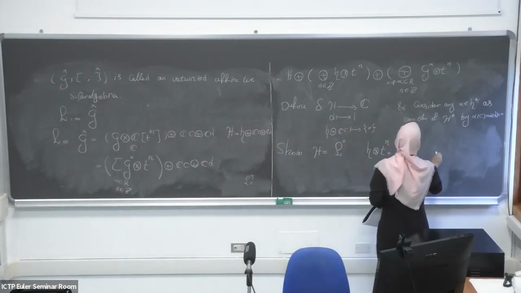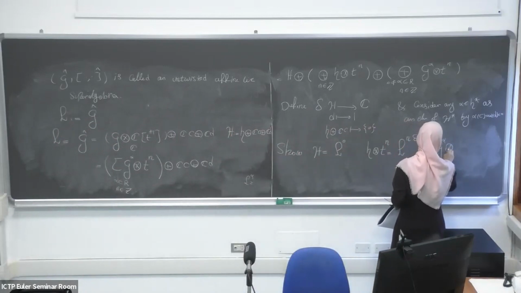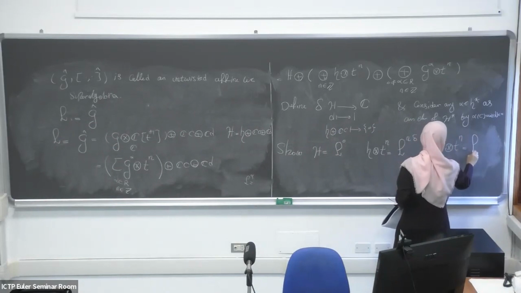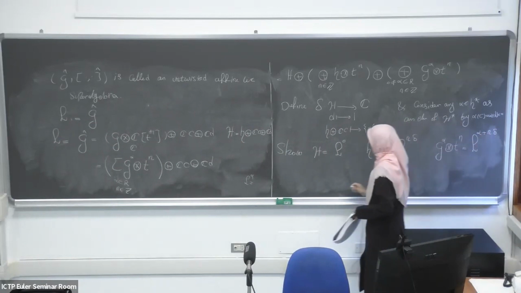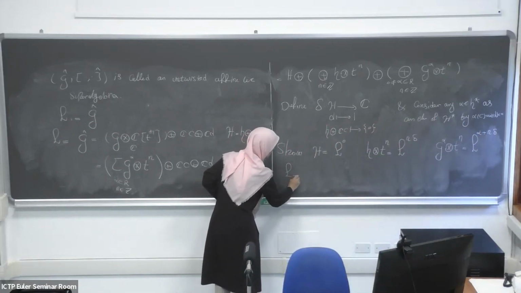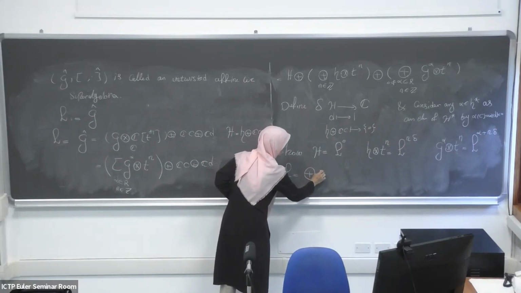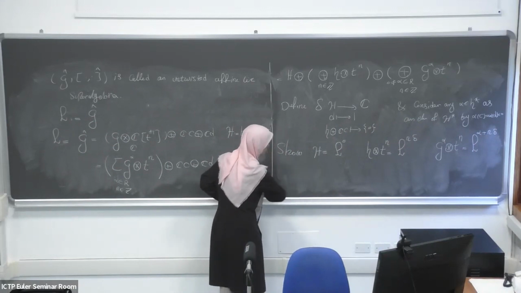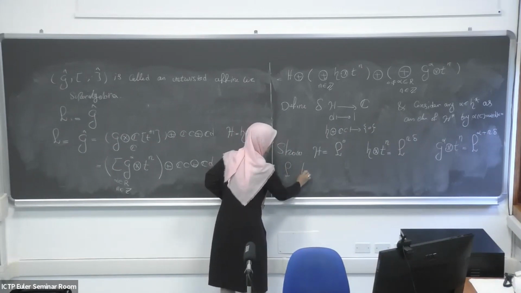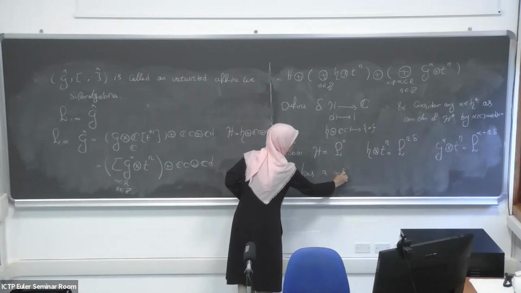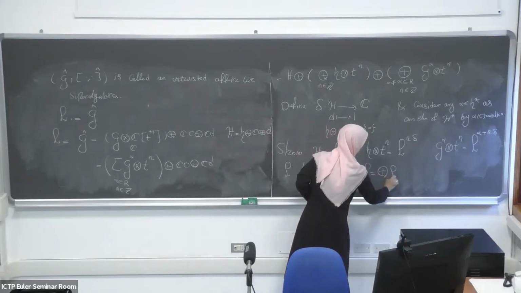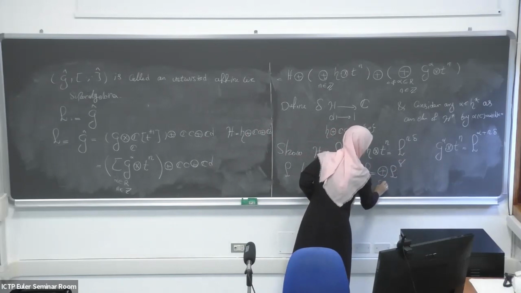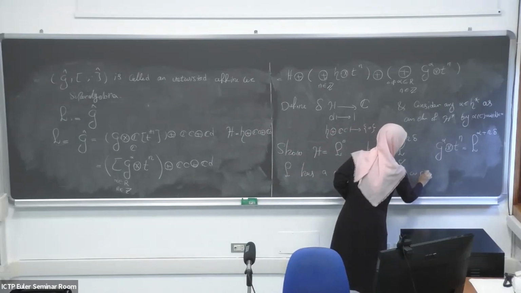And G alpha tensor Tn is just L alpha plus n delta. It means that L is the direct sum of L alpha. L has a weight space decomposition with respect to H.